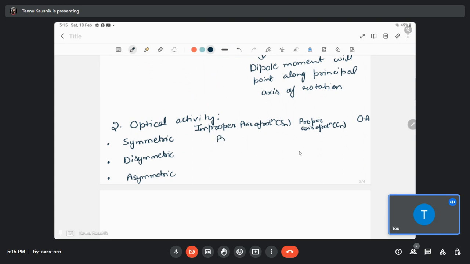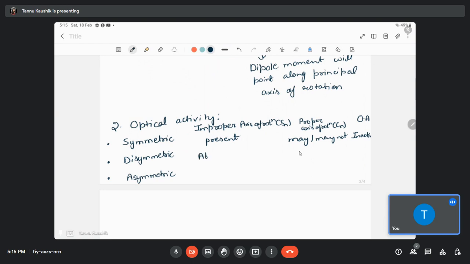So when we have this improper axis of rotation present, and this proper axis of rotation may or may not be present, then the molecule will be inactive. That is, the molecule will be symmetric and it will therefore be optically inactive.